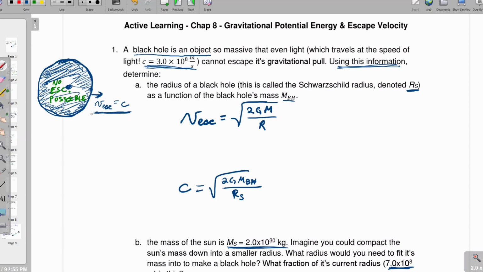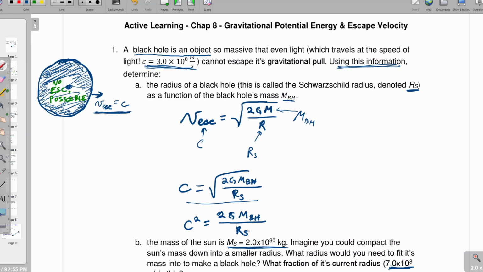So, plugging all of those things in, c would be the escape velocity, the Schwarzschild radius, r_s, would be the radius down here, and M_BH would be the mass of the black hole. Plugging those three things in, we have this. Just do some algebra here. Square both sides: c squared equals 2G mass of the black hole over r_s.